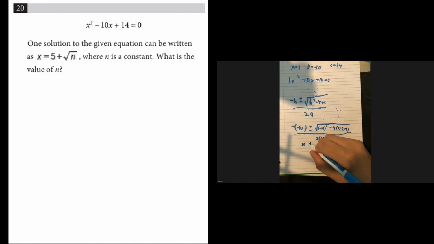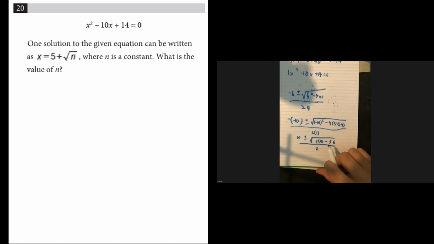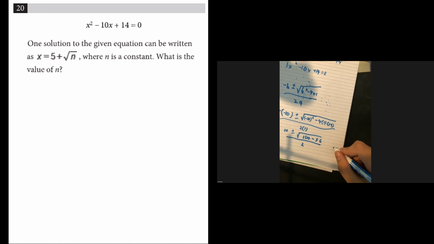Gets you 10 plus or minus square root of 100 minus 56 all over 2, which gets you 10 plus or minus square root of 44 over 2.